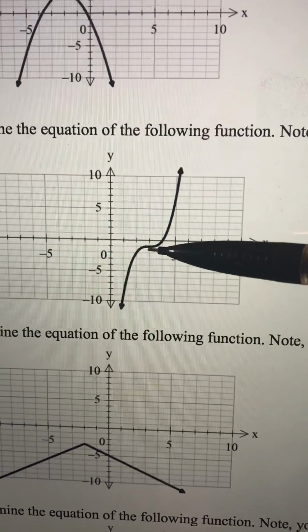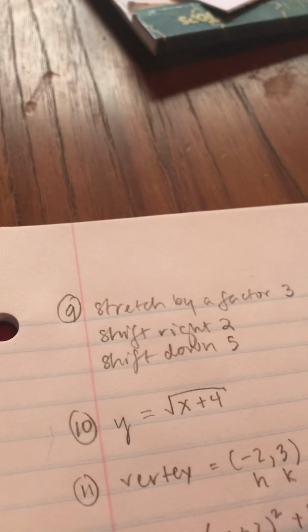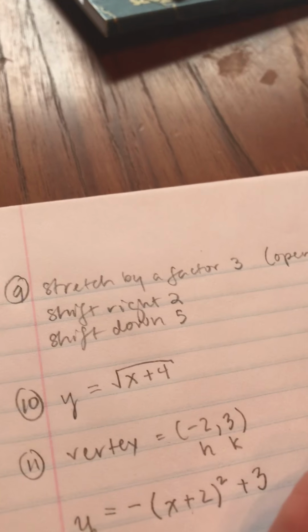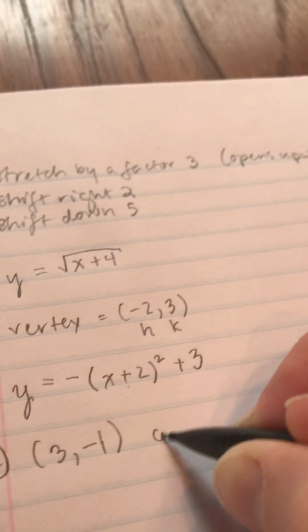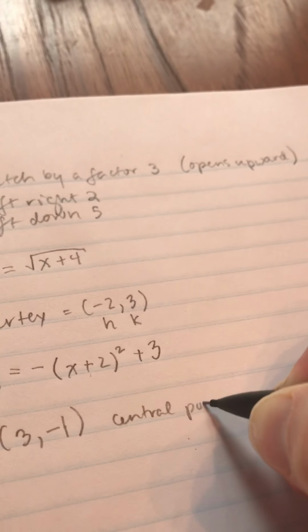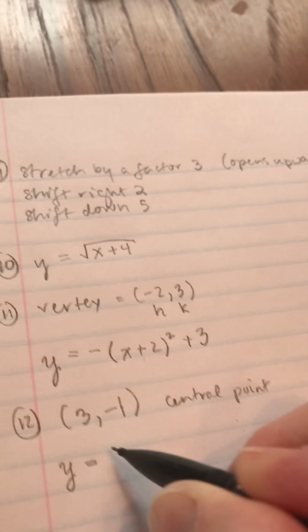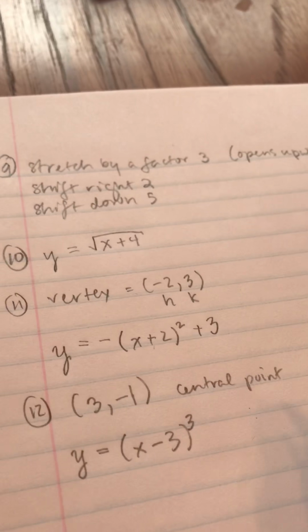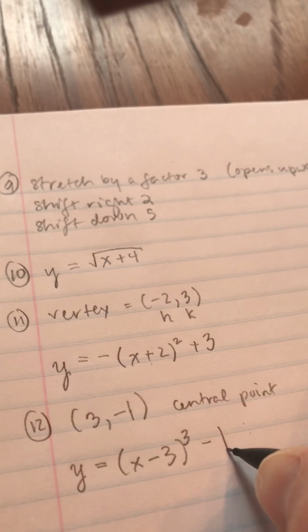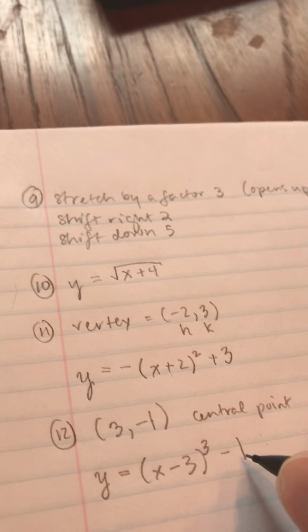So it's not called a vertex, but it's similar. +3, -1 gives you your shift. So that's kind of your central point for that graph. So that one is y equals x minus 3 quantity cubed, because that's a cubic, minus 1. Right? The opposite of the horizontal shift, and then the vertical shift is outside the function.